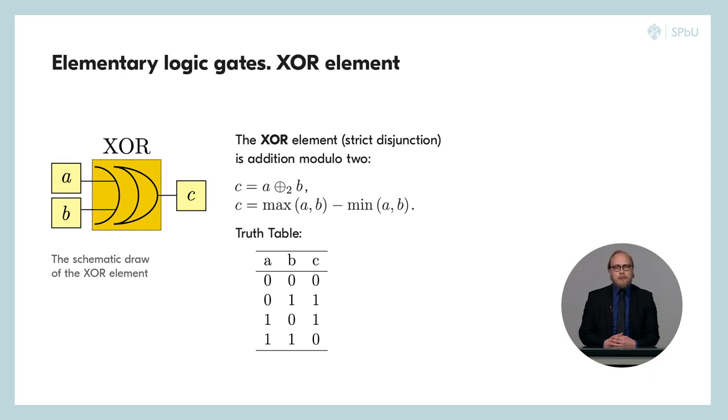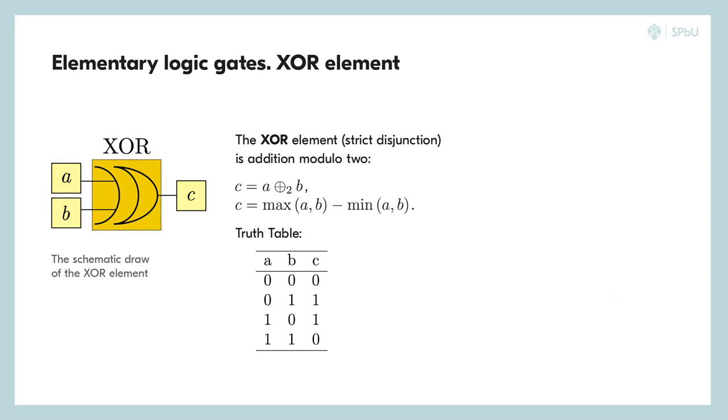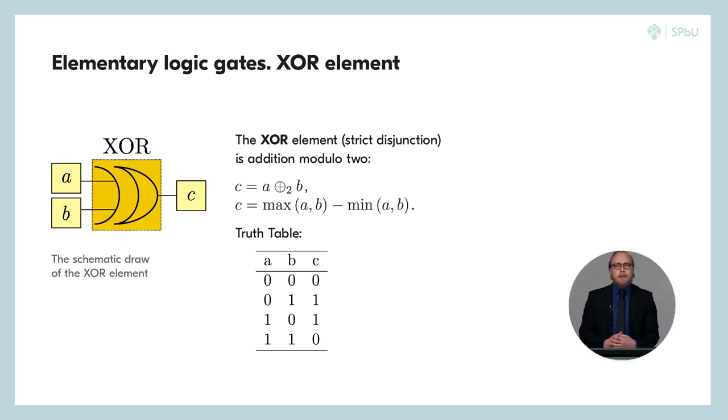Its action can be represented as the difference of the largest and smallest values of bits A and B, or as the sum modulo 2 of these bits. Thus, the bit C is 0 in cases where bits A and B are equal, and equal to 1 when their values differ. The mnemonic effect of the XOR element is remembered as either one or the other, but not both at once.